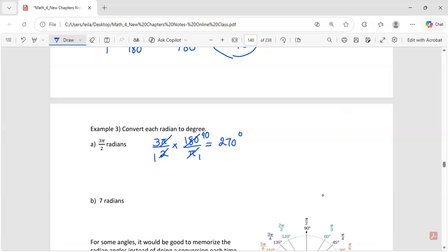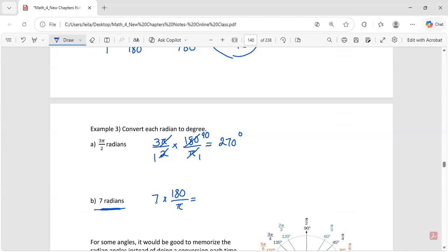7 radian. How can we convert 7 radian to degree? Even though this radian measure doesn't have any pi, we still need to multiply 7 by 180 over pi. Usually most of the radian measures have pi. And when you multiply by 180 over pi, pi and pi cancel each other, because when we are converting to degree, we don't want any pi.